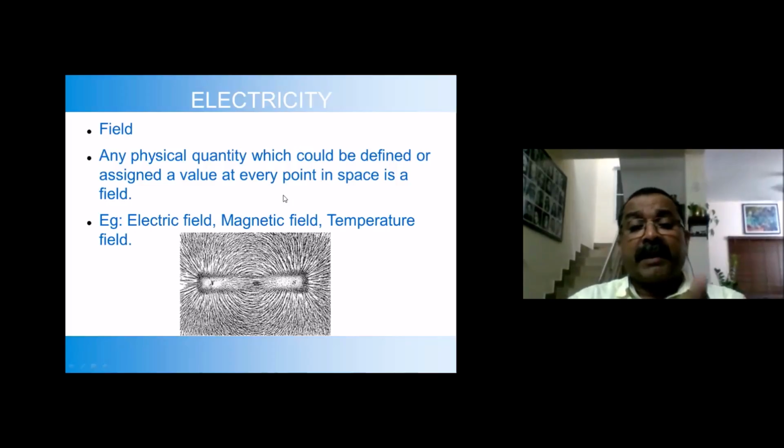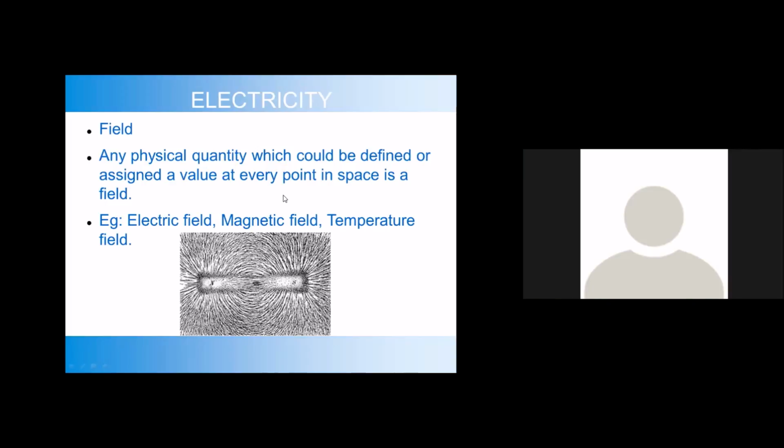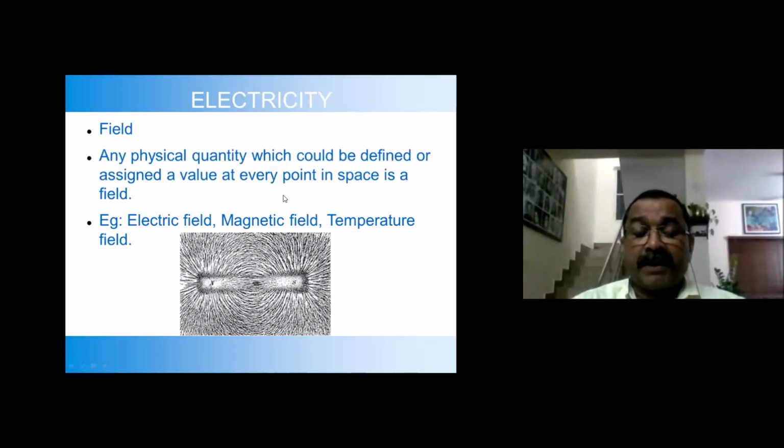Uncle will explain about field a little bit. You just think that the room in which you are sitting is our universe. That much is our universe. Okay? Then you think about the temperature inside that room.